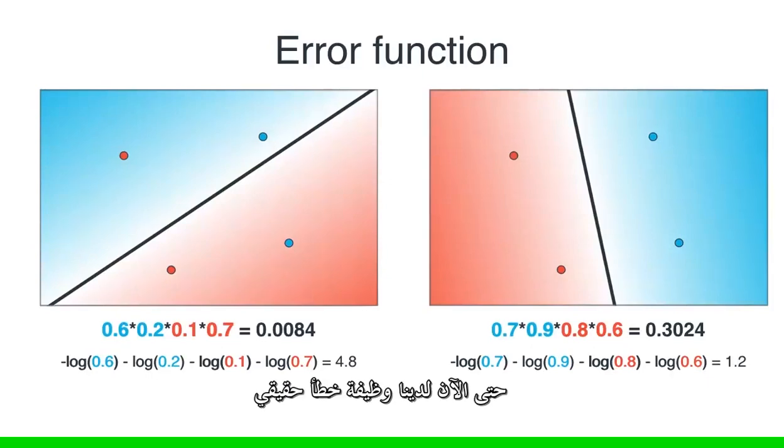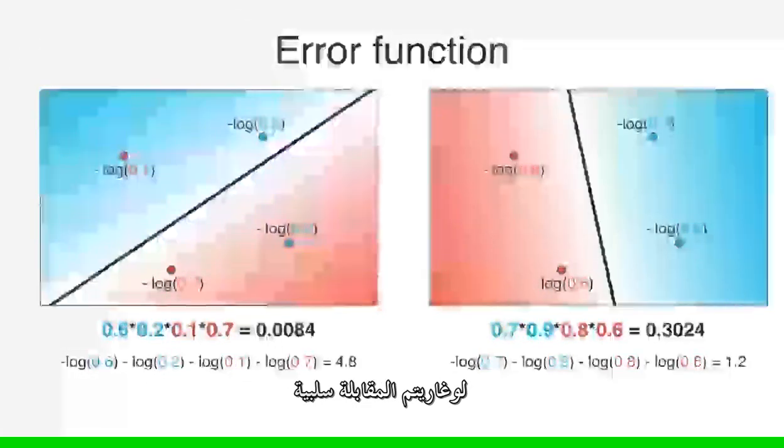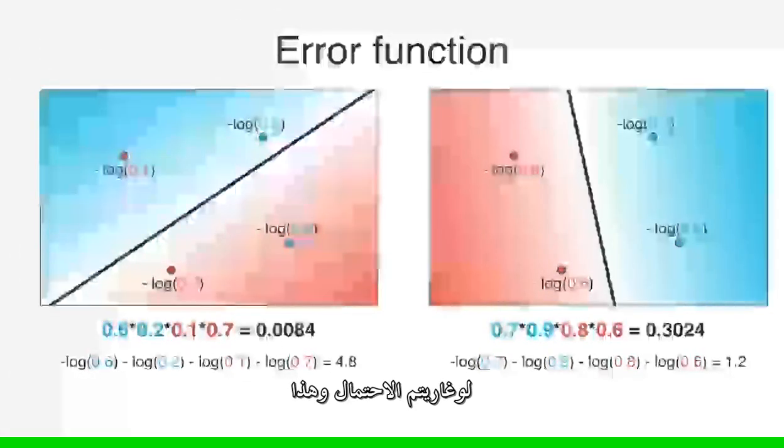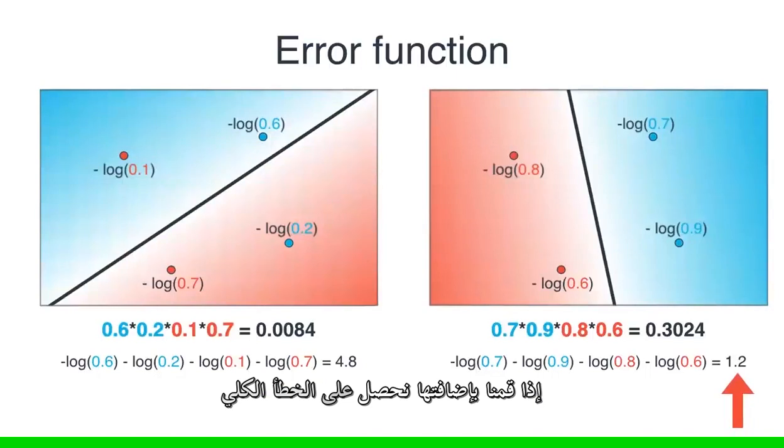So now we have a genuine error function, and to each point we can assign the corresponding negative logarithm of the probability, and that's going to be the error function that we assign to every point. That's going to be the penalty. And as you can see, if we add them, we get the total error.